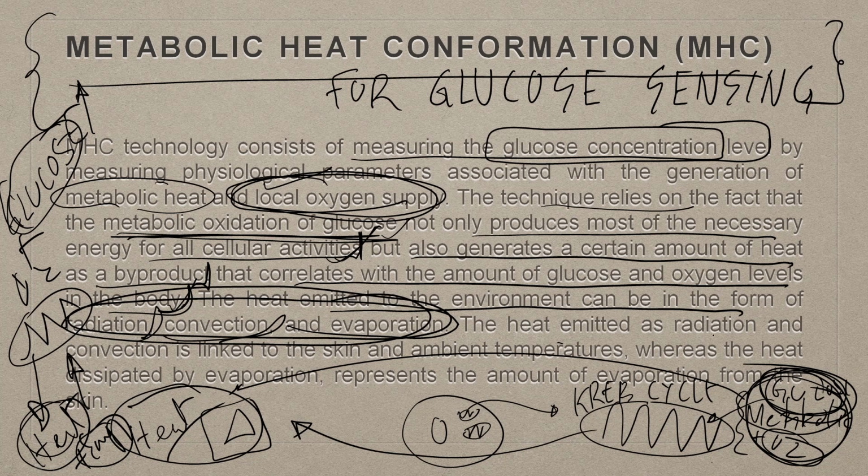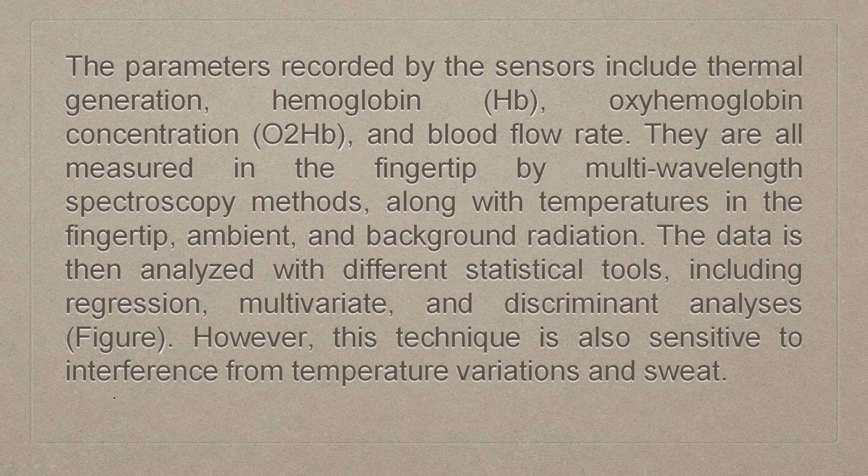The heat emitted as radiation and convection is linked to skin and ambient temperature, whereas the heat dissipated by evaporation represents the amount of evaporation from the skin. So, these are the metabolic heat conformation which are happening.